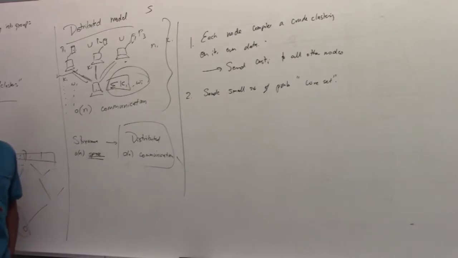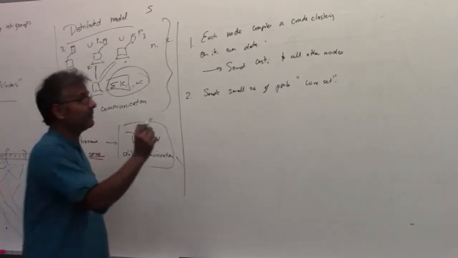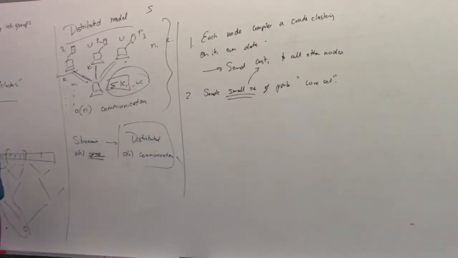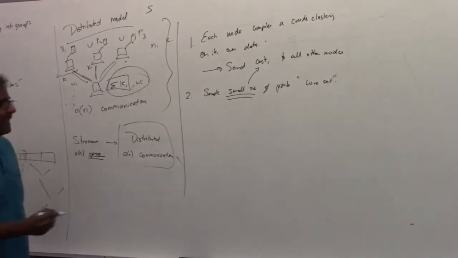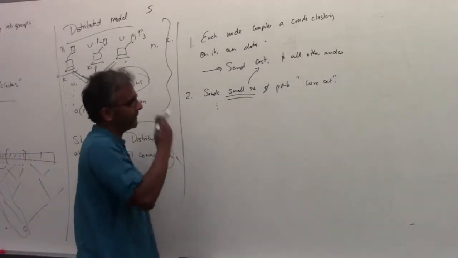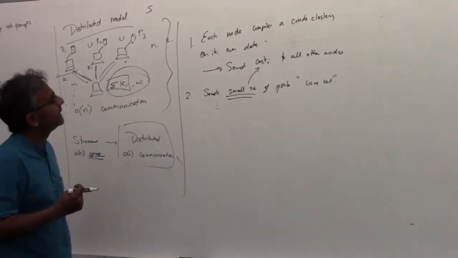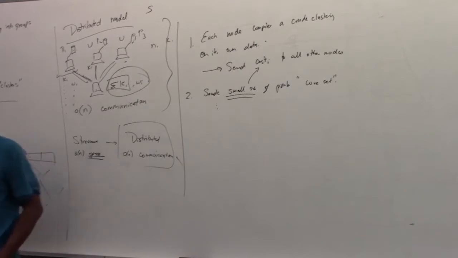How it does the sampling is a different story. I'll explain that in a bit. But it's going to sample a certain number of points based on this cost. The more contribution it has, the more points it will send. The less contribution it has, the fewer points it will send. So now it gets a small set of points. Okay? And now what it does is, so let me see.